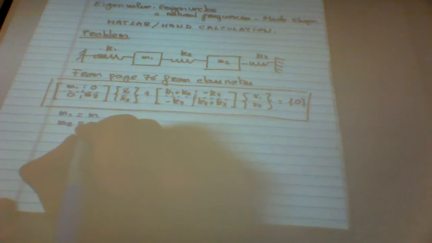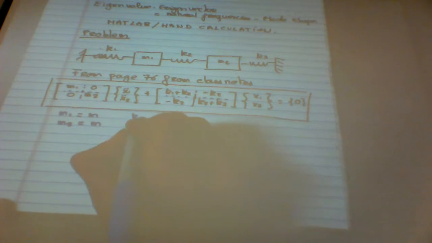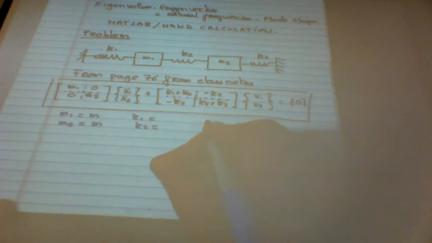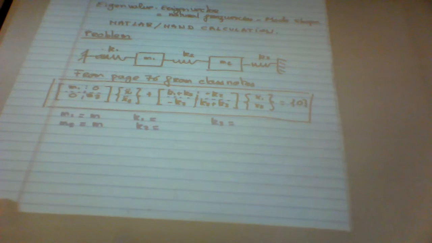We can make them the same again, I guess. Okay, so M. Then what do we do with K1, K2, K3? Whatever you want, guys. It's just to go through the process once more. Just so we can check our work against what we did by hand, why don't we make them equal again?